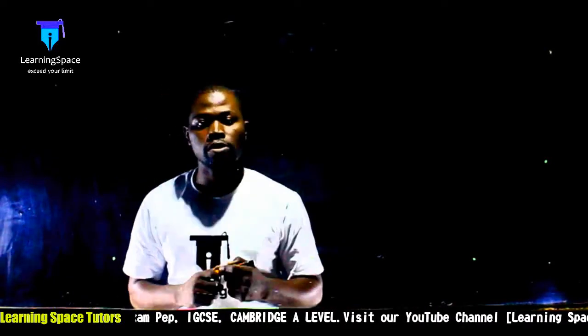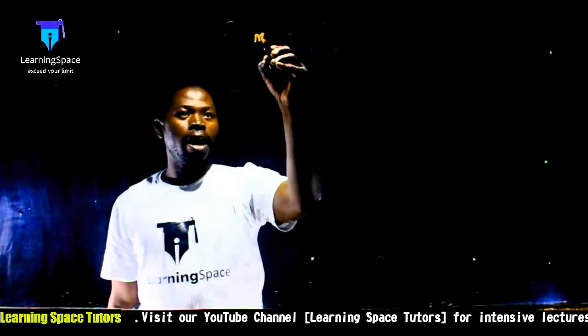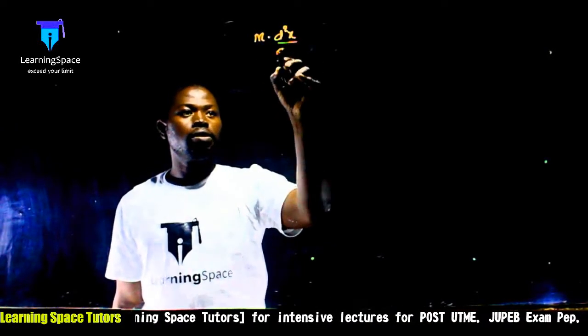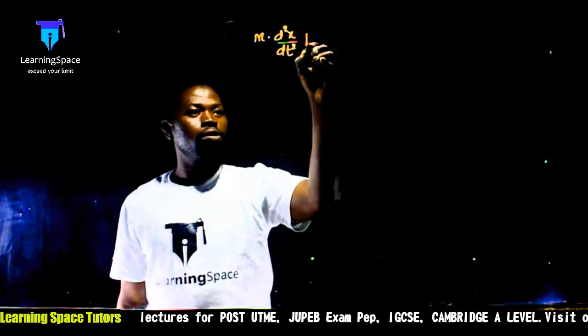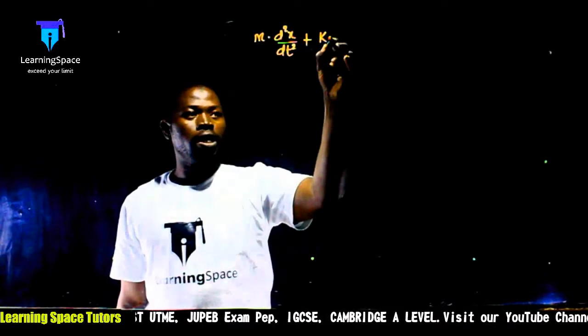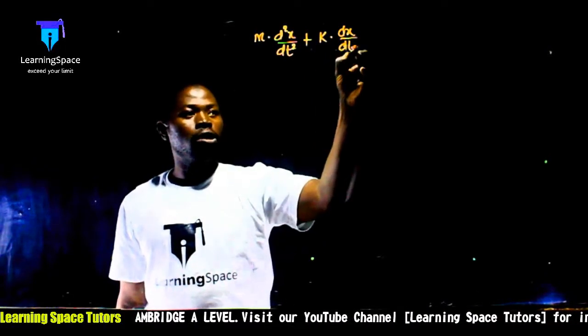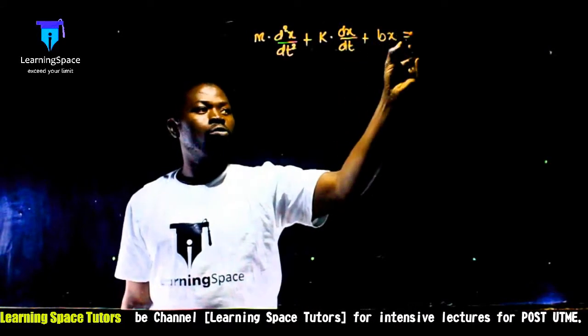Now let's get down to business. Let's get to the question. In the question, you were given m d²x/dt² + b dx/dt + kx = 0.